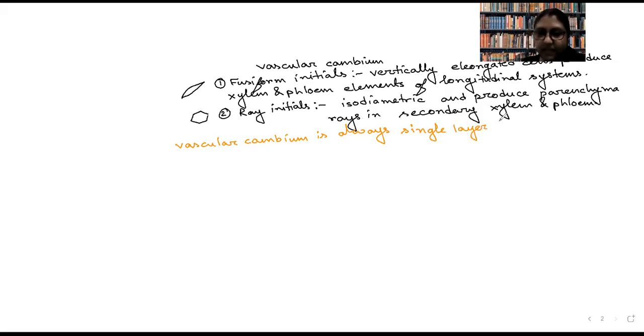Okay. So now what are the characteristics? If you look into these two types of cells, that is fusiform initials and ray initials, what do they do? They continuously divide.